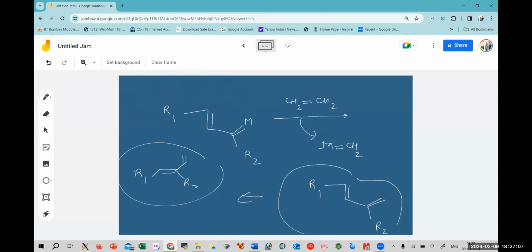This one, say for example, is A, and this is your B. This is more favorable.